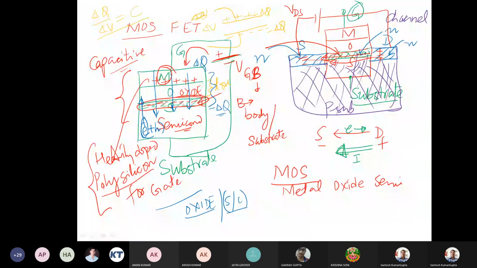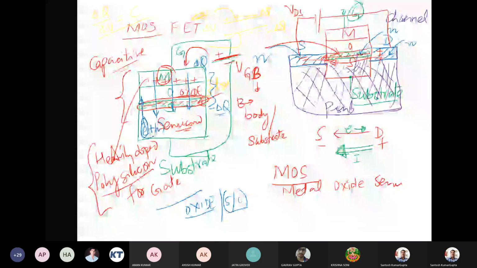This gate, the metal oxide semiconductor combination at the gate here, actually works as a parallel plate capacitor. So its value can also be given in terms of the parallel plate capacitor.